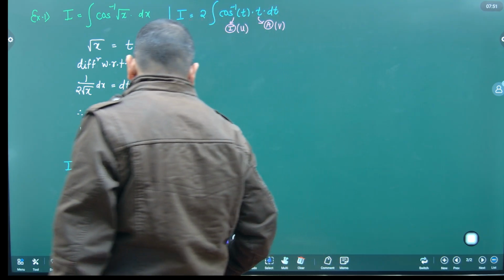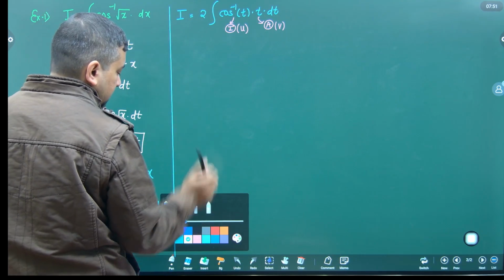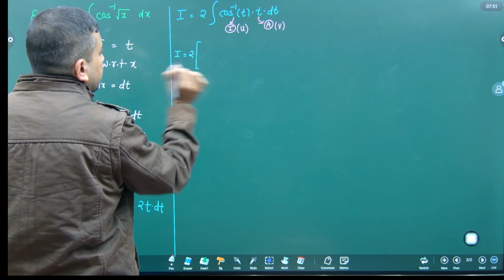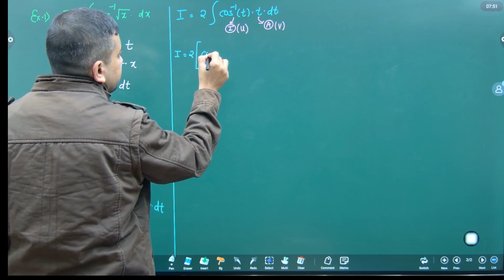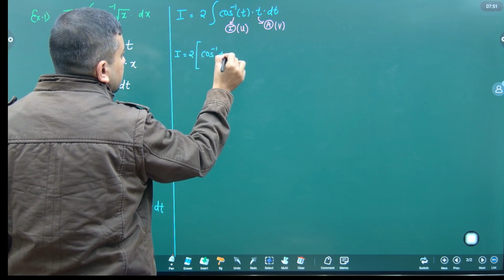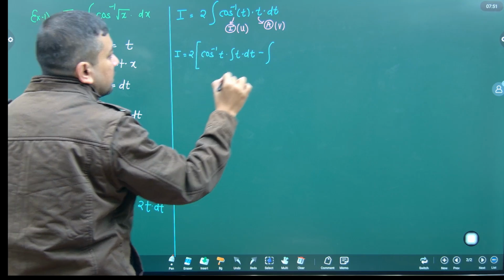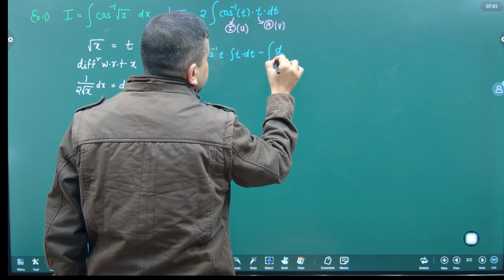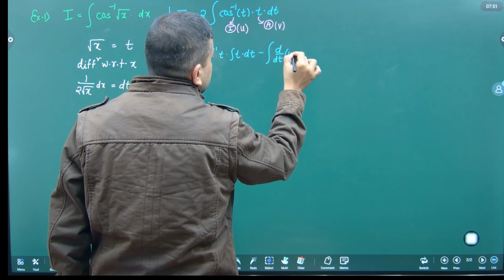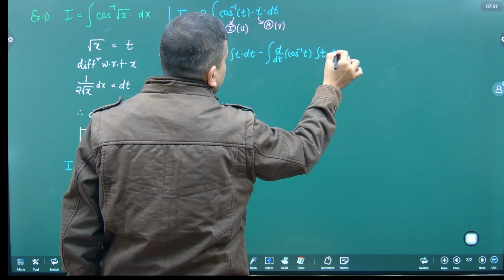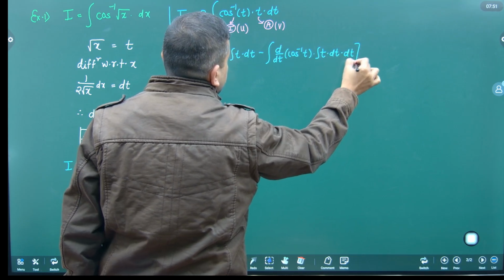So I will be equal to, let us apply the rule, 2 in bracket, first function, what is the first function? Cos inverse t into integral of second, minus integral of derivative of first into integral of second, right?